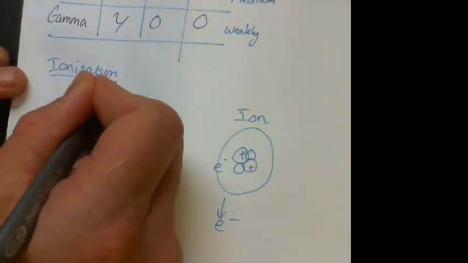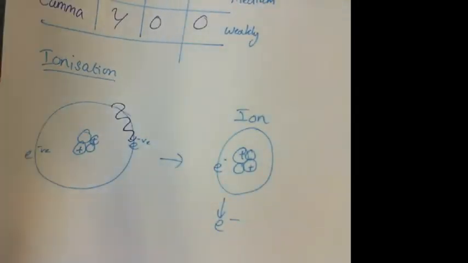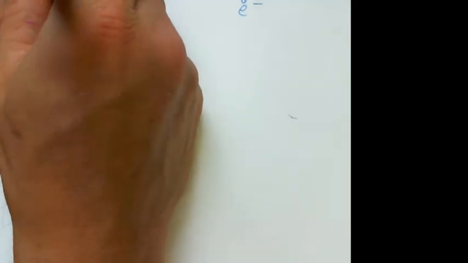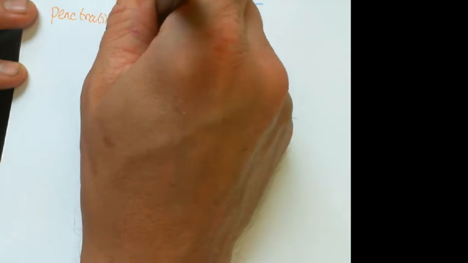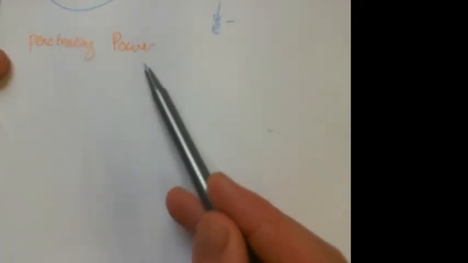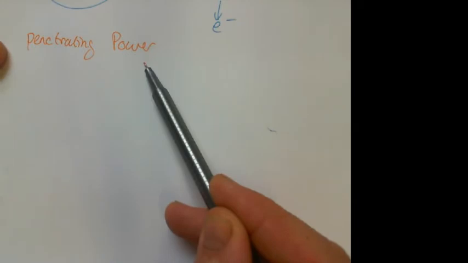Second thing is how penetrating they are. By penetrating, I mean how easily do they go through things. We call that penetrating power. The experiment that you do this with is you look at different thicknesses of material and see how different substances go through them.